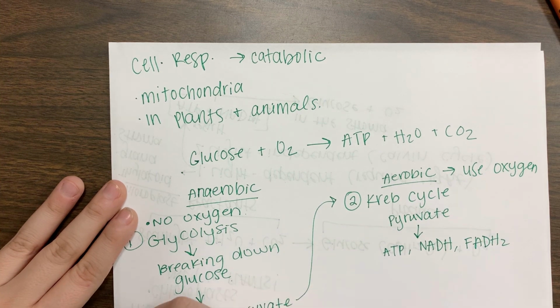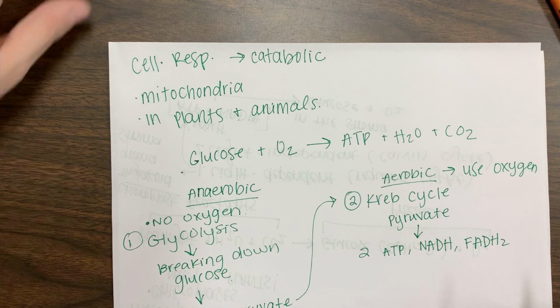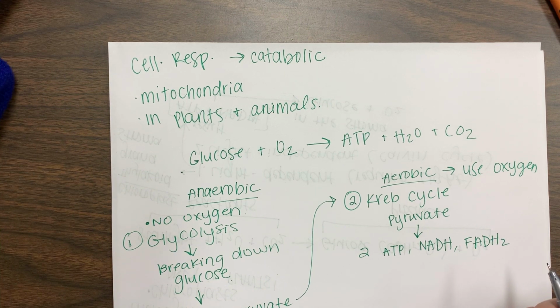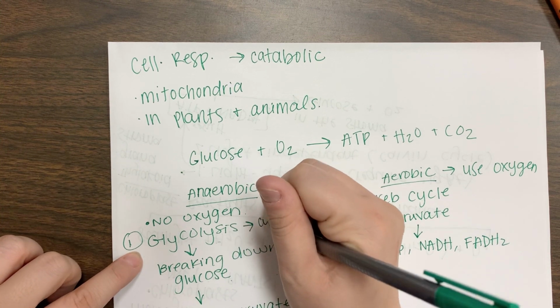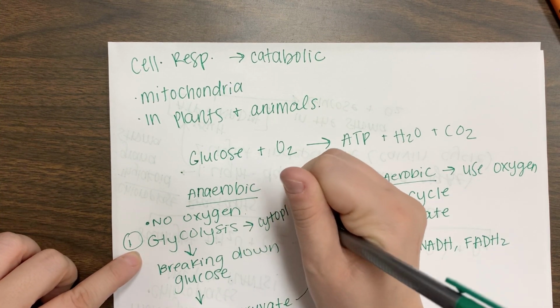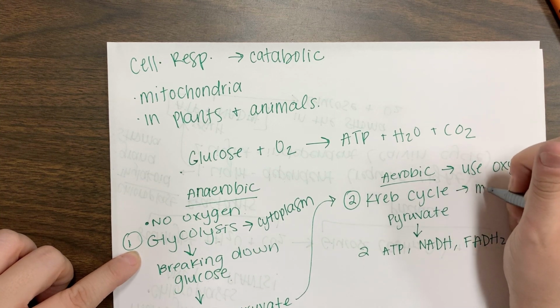This is going to make 2 ATP molecules. This is going to make 2 ATP molecules as well. Oh, and I should have noted, glycolysis is going to happen in the cytoplasm right outside of the mitochondria. The rest of them are going to happen in the mitochondria.